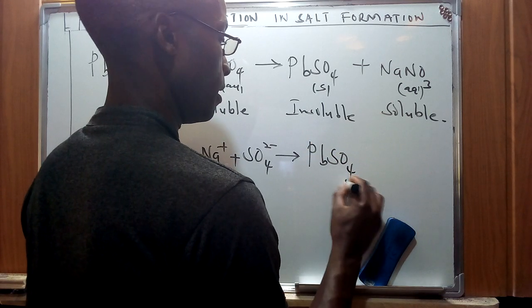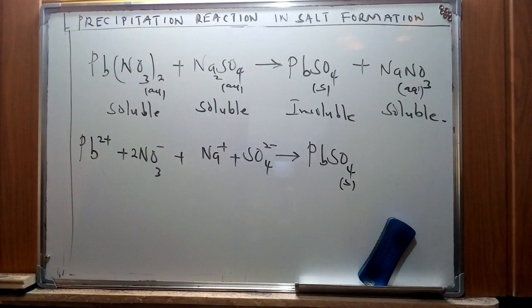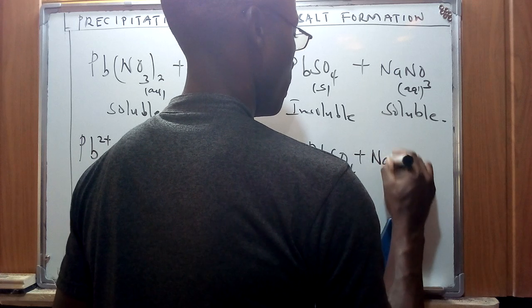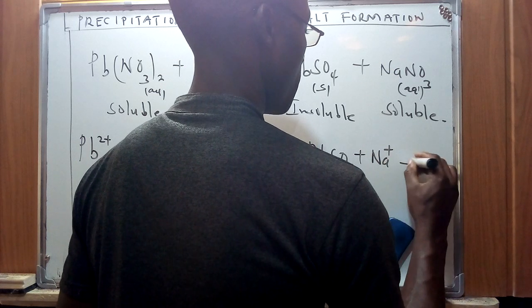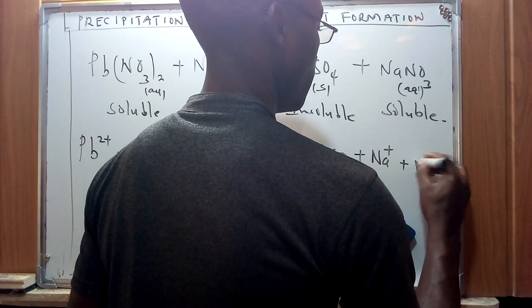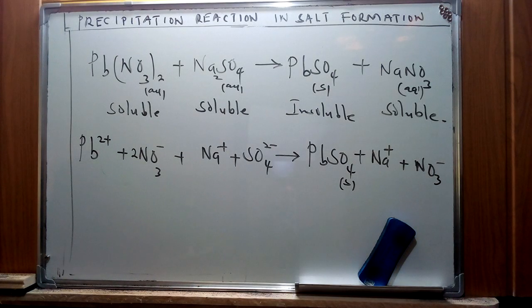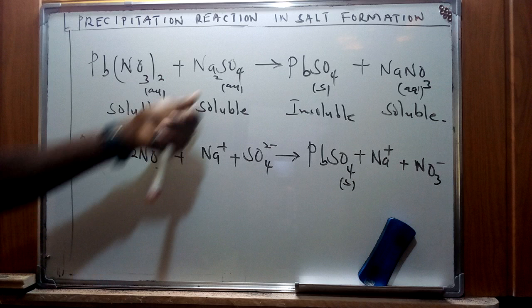So as we said in stoichiometric equations, for solids, liquids, and gases, we're just going to represent them in those specific states, and figure out the ions present on the product side. We're having sodium and then the nitrate.